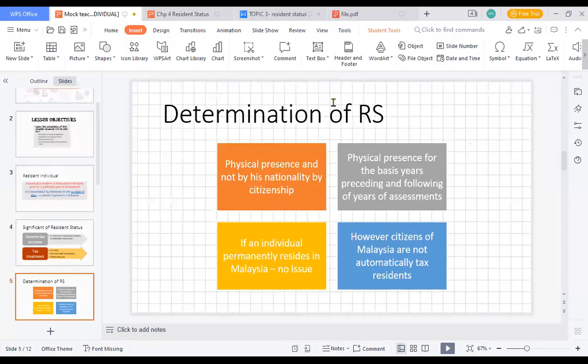Okay, so how do we determine the resident status? Make sure that the person is physically present, and not by nationality or citizenship.